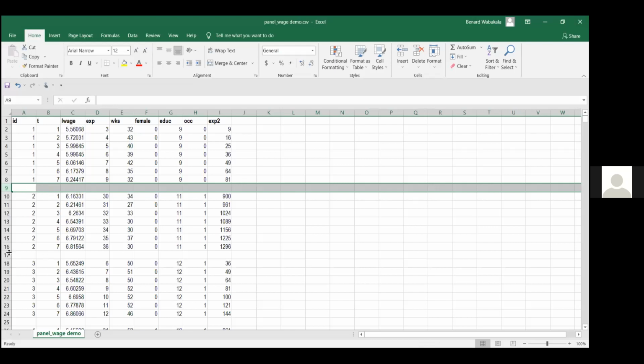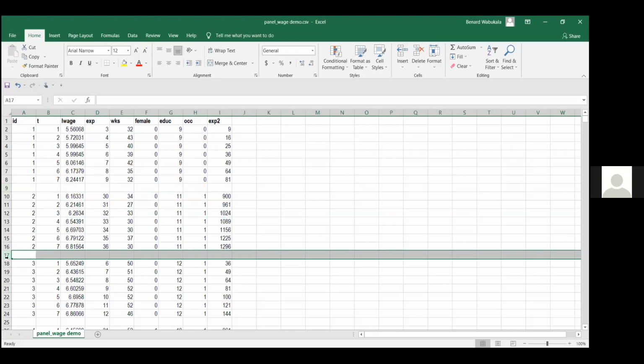Some people use Stata, some use SAS, some use R, the capital letter R, which is also another you can use to do analysis. Some people use Python, some use MATLAB. The new one, which is free, is called Gretl. So it depends on what is friendly to you.